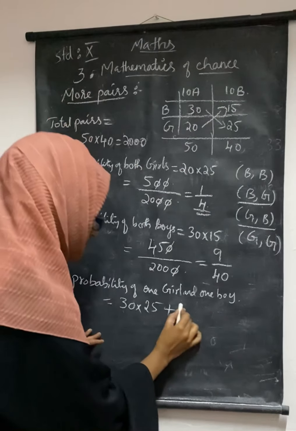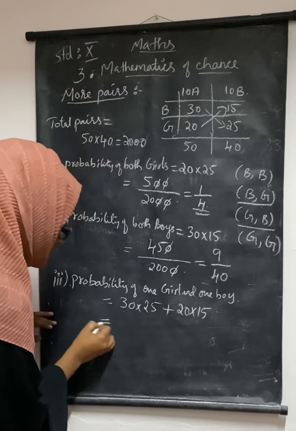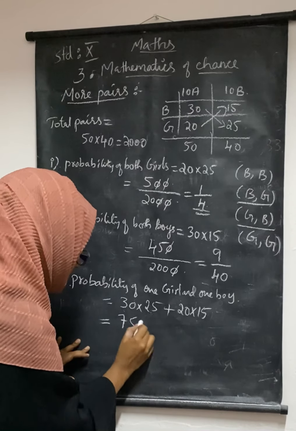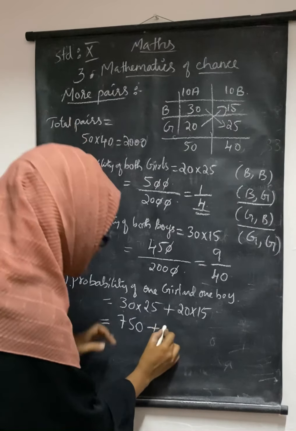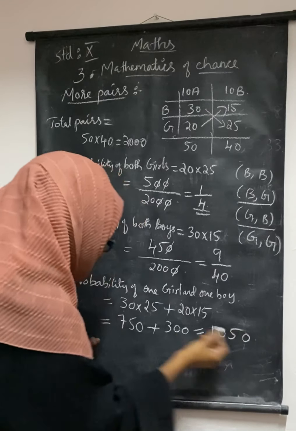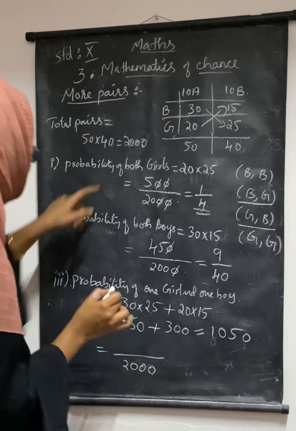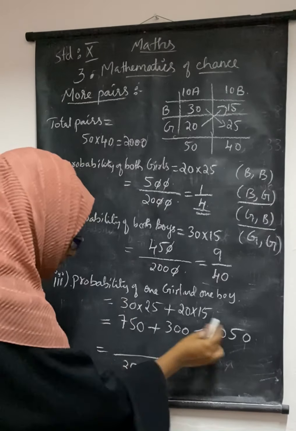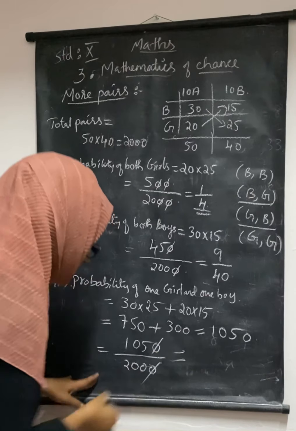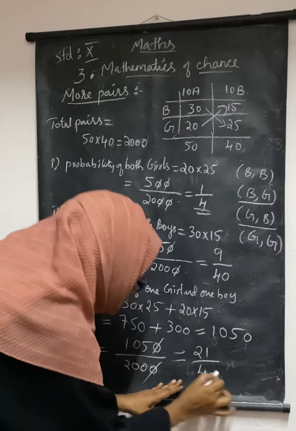So that you will get the answer. 25 threes are 750 plus 15 twos are 300. So you will get the answer as 1050. And the probability, when you write the division, is divided by 2000, because that is the total pairs. So 1050 over 2000, when you make it shorter, you will get 21 by 40. So this is the answer.